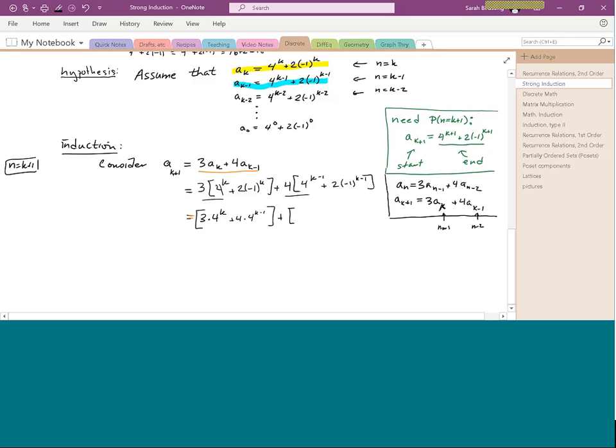Now for the second term, watch out, don't forget the 3 gets distributed in. So this would be what? That looks like 6 times negative 1 to the k. And then for this guy over here, we'll multiply the 4 in, so that looks like an 8 times negative 1 to the k. Do a quick double check. Make sure I did that multiplication correctly.